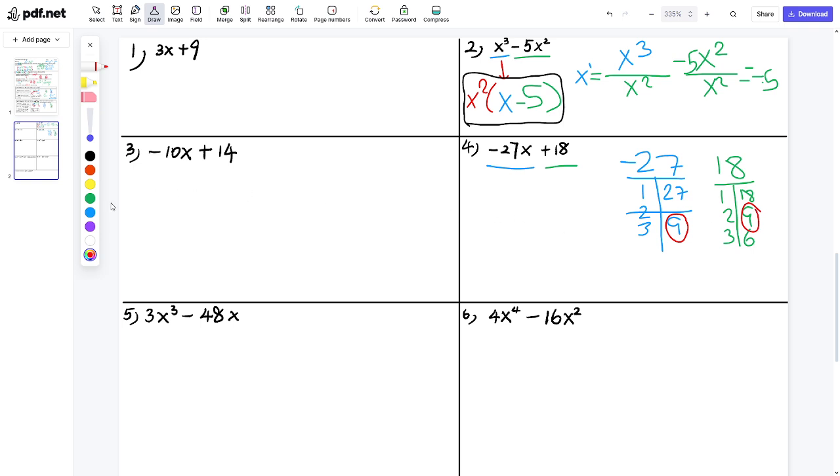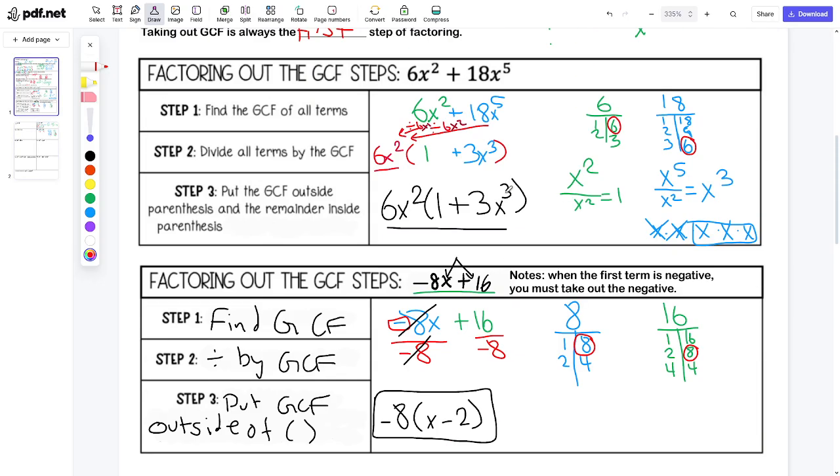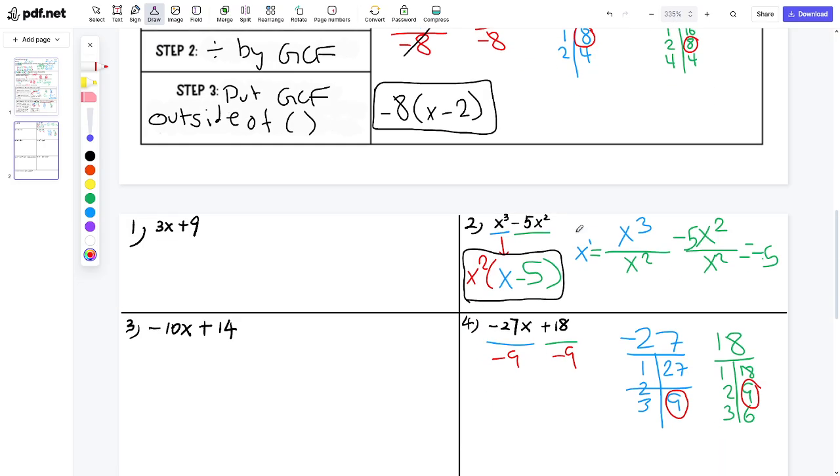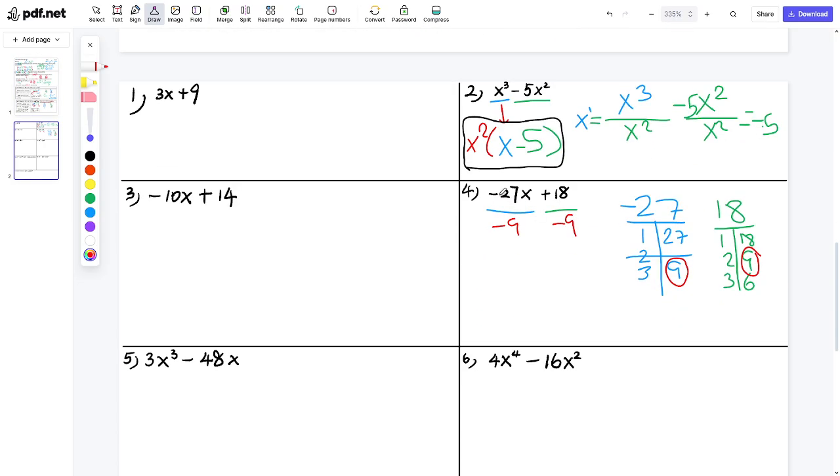So we need to divide by 9. Not just 9, though. For each of these terms, we need to divide by negative 9, because remember what we were saying earlier: if the first term is negative, take out the negative. Since our negative 27 here is negative, just take out the negative.